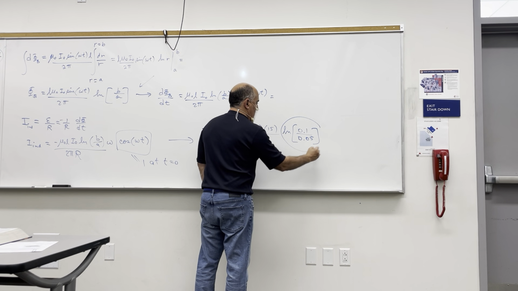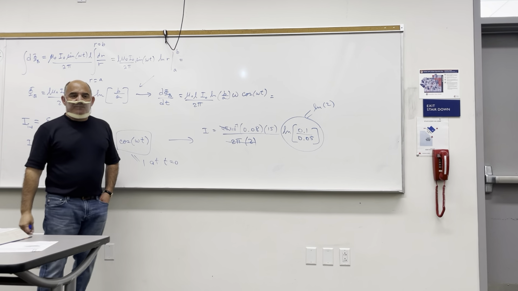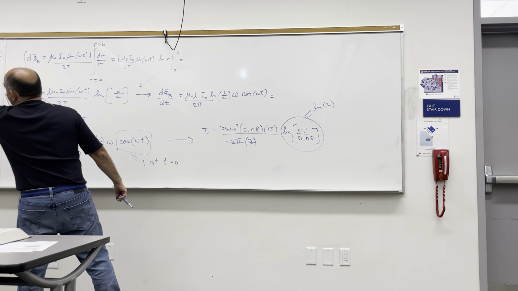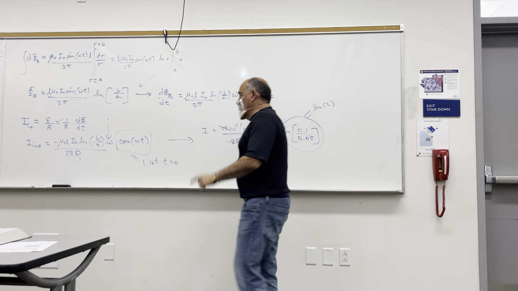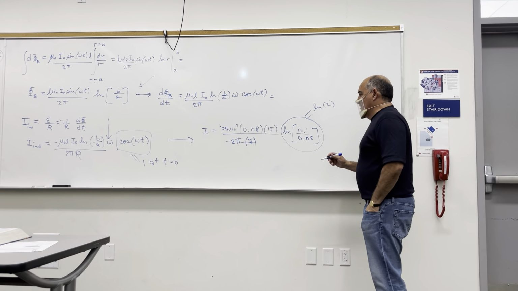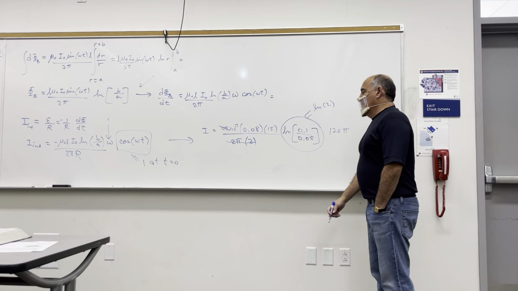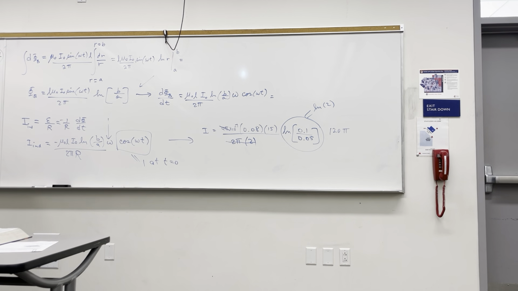In other words, this is just the natural log of 2. An omega, right? Omega is 120 pi. I forget my omega over here. And it's good that I said a little while ago, I cannot afford to forget that. So, and that'll be so many amps. That will be the current at t is equal to 0.